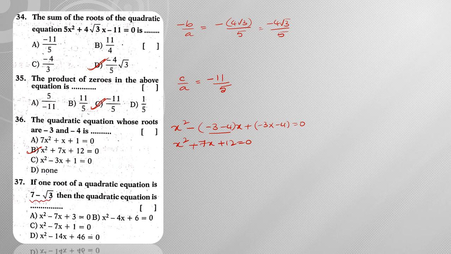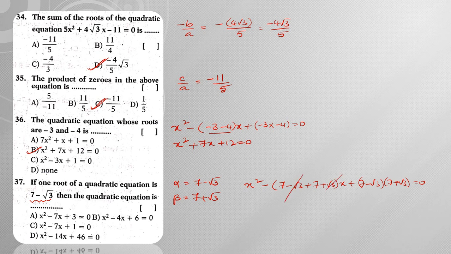Next, if one of the roots of the quadratic equation is 7 minus root 3, then obviously the other root will be 7 plus root 3. Based on this, the quadratic equation is given by x square minus of (7 minus root 3 plus 7 plus root 3) into x plus (7 minus root 3) into (7 plus root 3) is equal to 0.